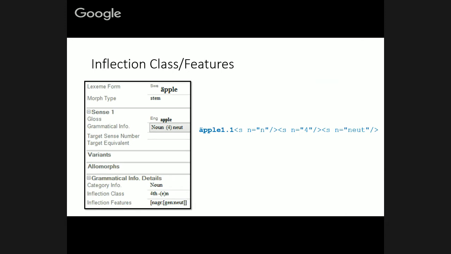The Swedish entry Äpple has fourth declension, so that's an inflection class, and it has neuter gender. So those things get dumped into the bilingual lexicon file. Because that's very useful information as you're writing your transfer rules. You want to know if something's neuter or certain declension so you can make the appropriate adjustments.